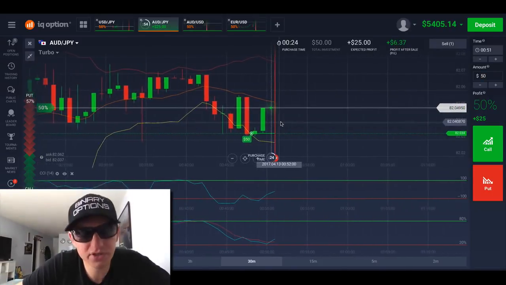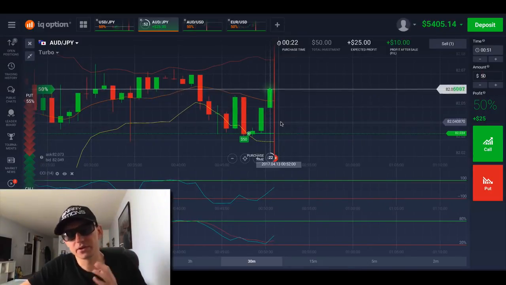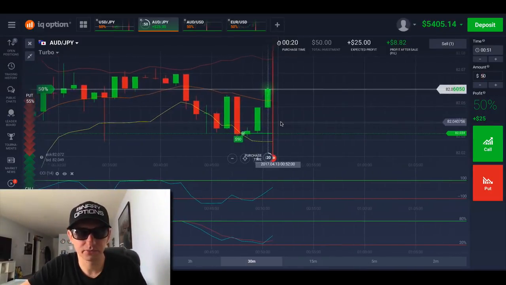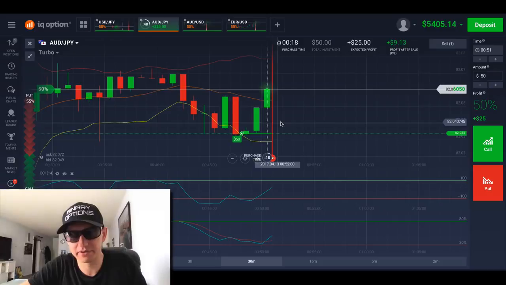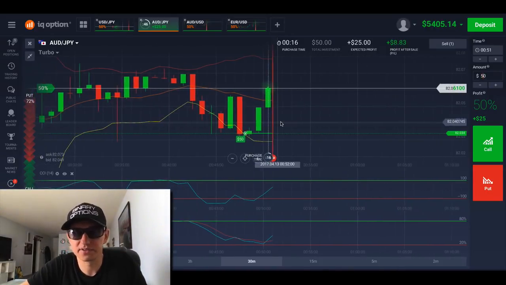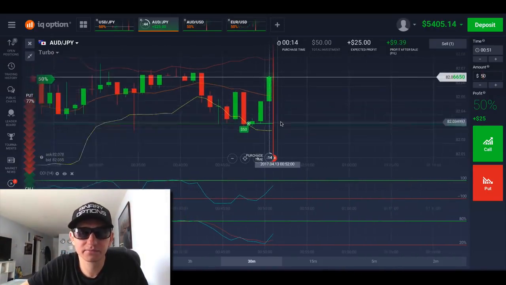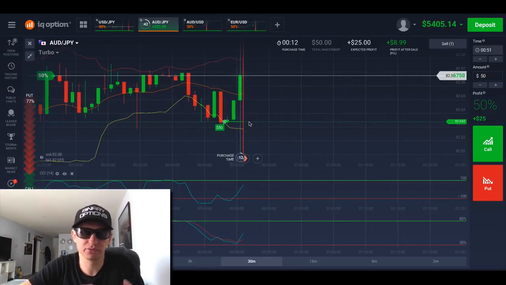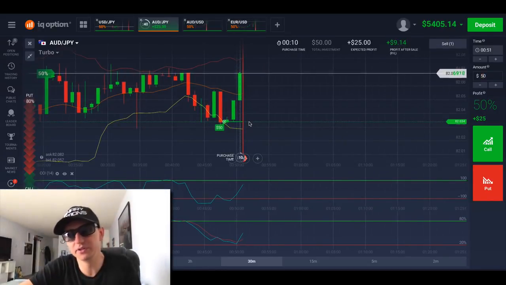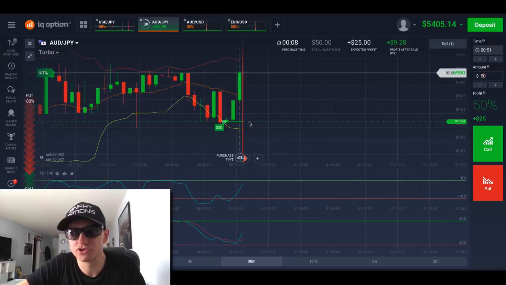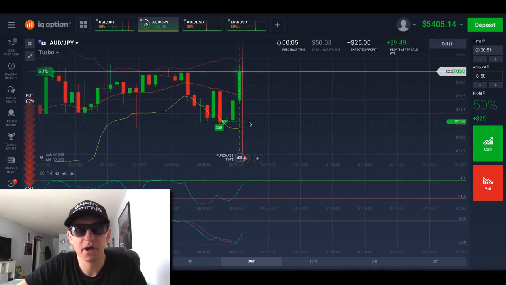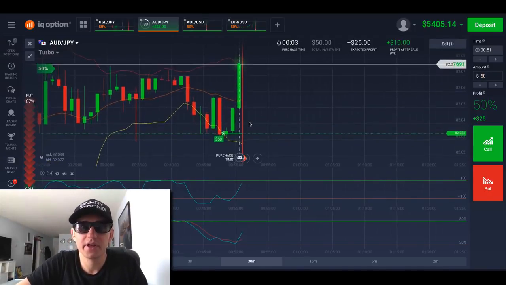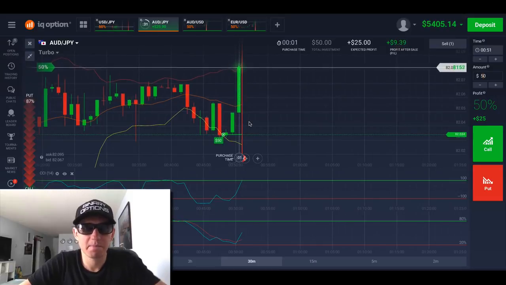And our decision to make the call stake was right. Of course, we haven't won yet. There are still like 50 seconds left, but this is a good representation of the reversal strategy in use. And I'm gonna wait until the expiration.